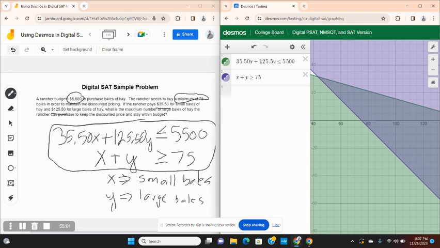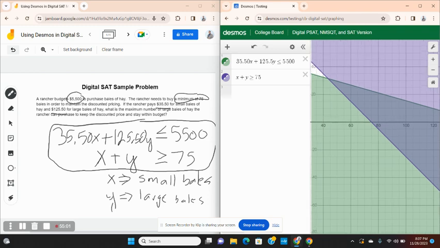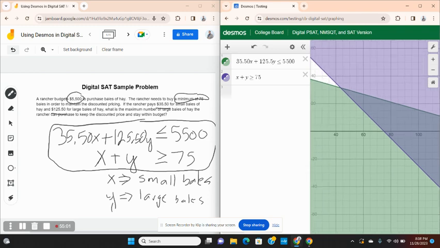Within this shaded region, if I'm trying to figure out the largest amount of large bales of hay that I can buy, we would want to find the point with the highest y value.